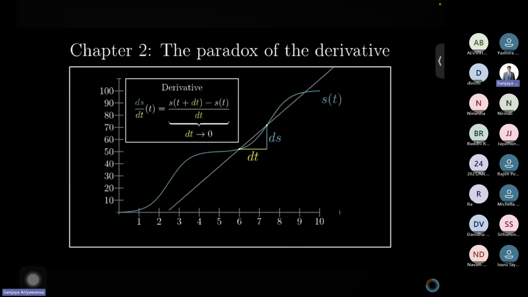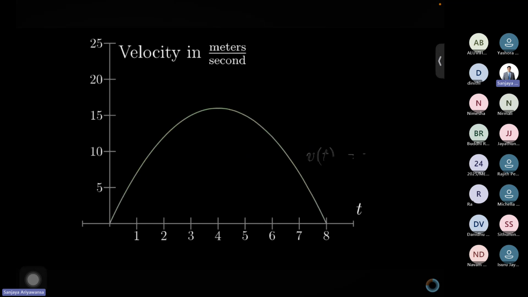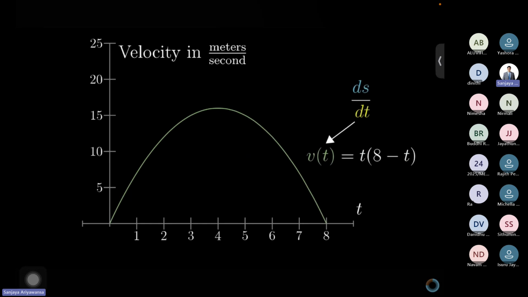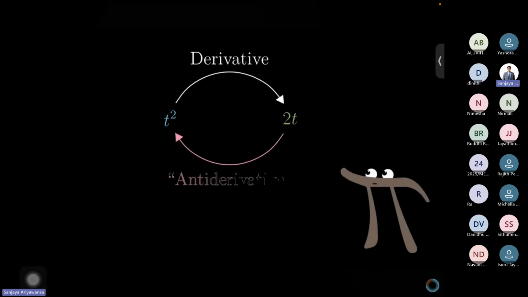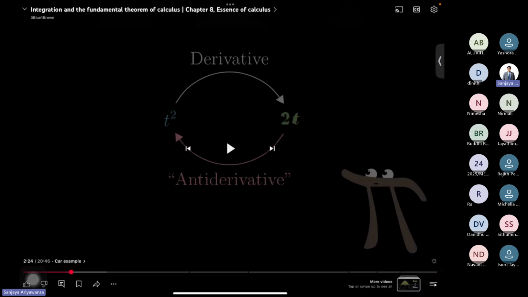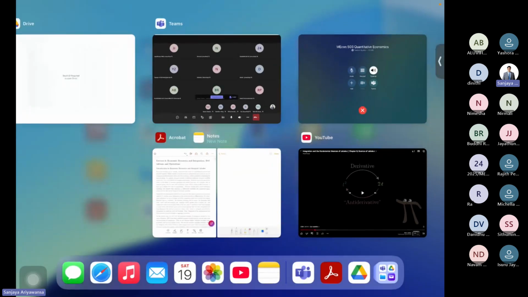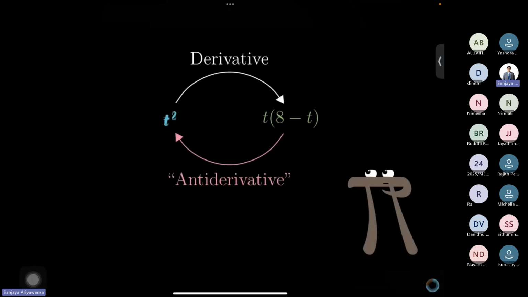There, I showed how the derivative of a distance versus time function gives you a velocity versus time function. So in our current situation, where all we know is velocity, it should make sense that finding a distance versus time function is going to come down to asking what function has a derivative of t times 8 minus t. This is often described as finding the antiderivative of a function. And indeed, that's what we'll end up doing. And you could even pause right now and try that.